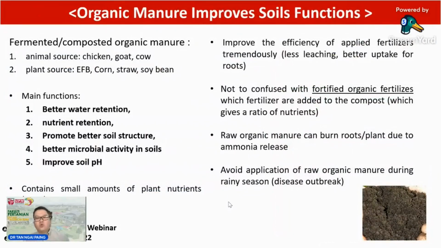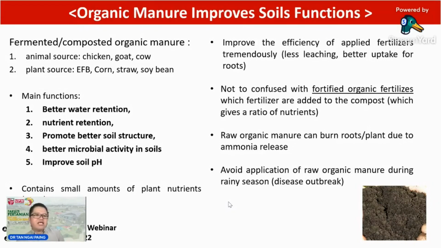So what can you do to improve the soil pH, and also the soil quality? A fertilizer will work its best if the soil is in a tip-top condition, if the quality of the soil is good.